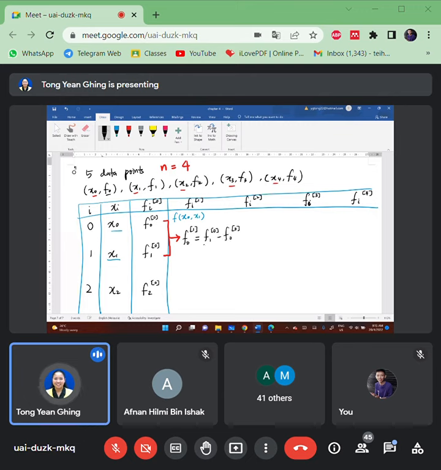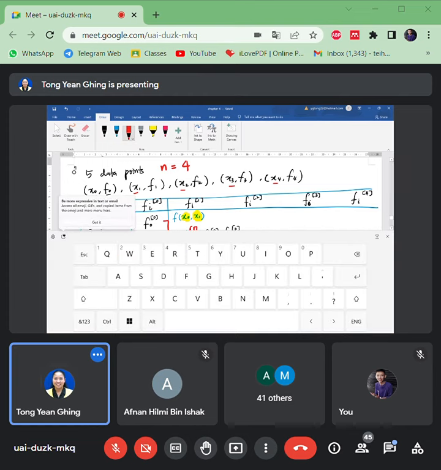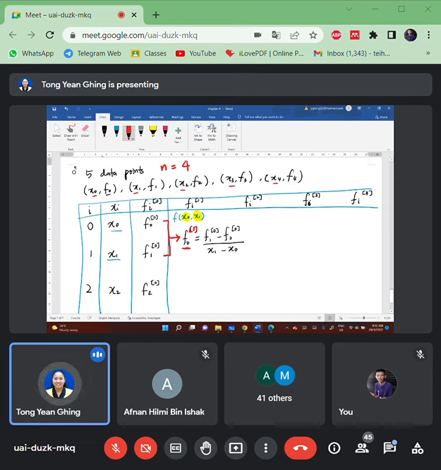And then divide by, so you look at here, now we consider x0 and x1. So kita akan ambil yang belakang, x1 minus x0. Now you get, boleh tak? So this is how we get f0,1 first divided difference. Semua boleh faham tak?